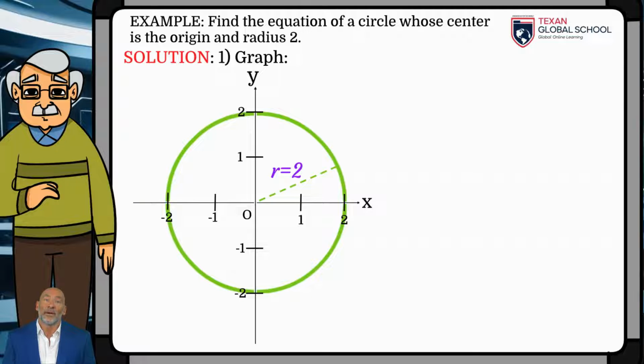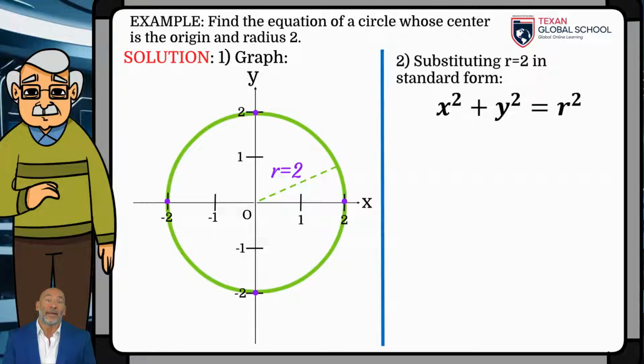Let's graph the circle, as it goes through the points 2, 0, 0, 2, -2, 0, and 0, -2. Now, to obtain the equation, substitute the radius 2 in the canonical form. In this way, results the equation x squared plus y squared equal to r squared, which is 4.